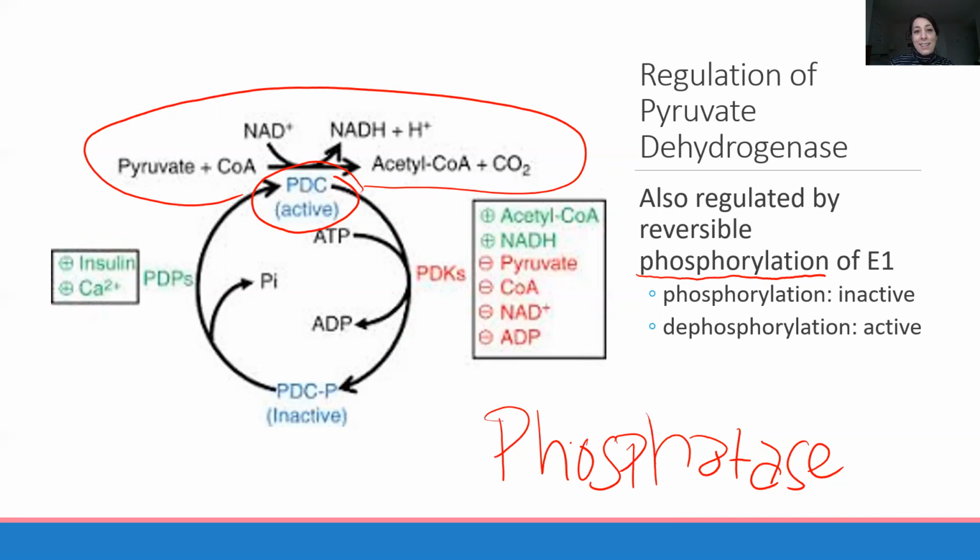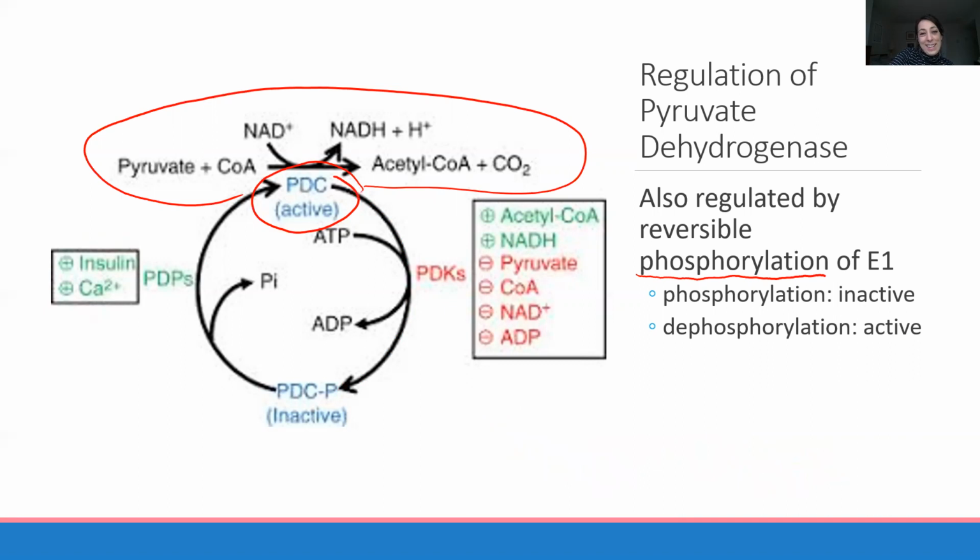Now, again, like I said, this picture makes it an even bigger picture of what's going on as far as regulation, because the kinase enzyme and the phosphatase enzyme can also be regulated. So their action on whether they are doing their job and turning on or off the pyruvate dehydrogenase complex can also be regulated by similar molecules.